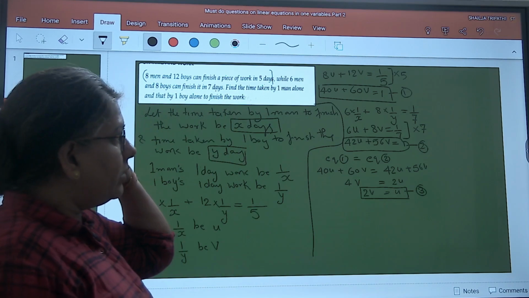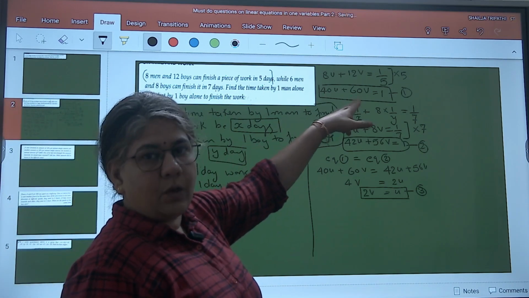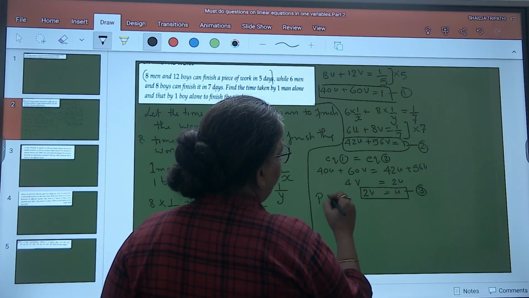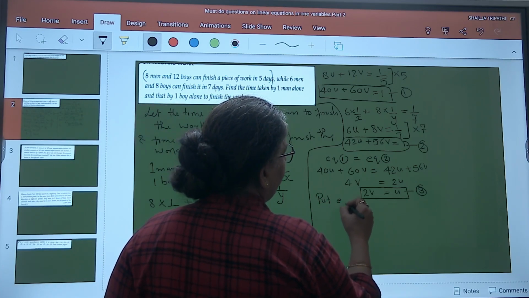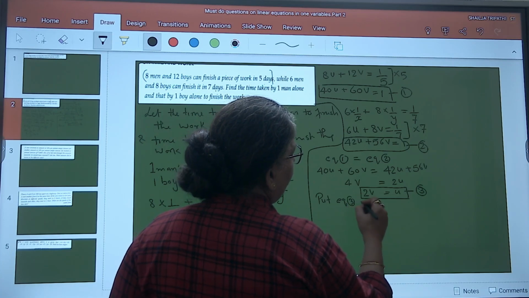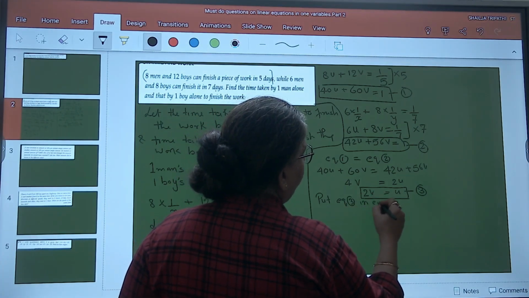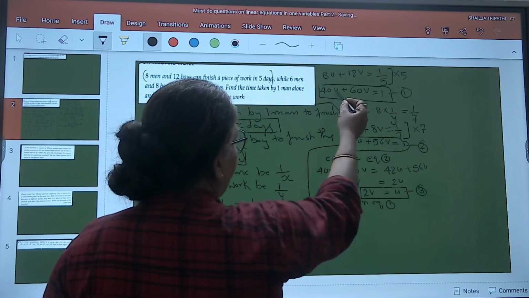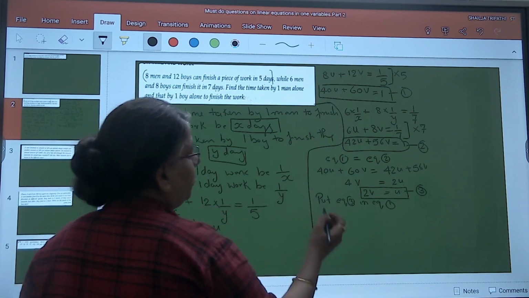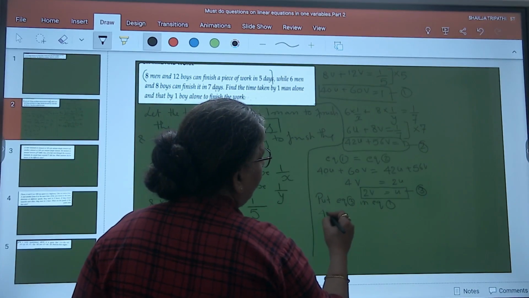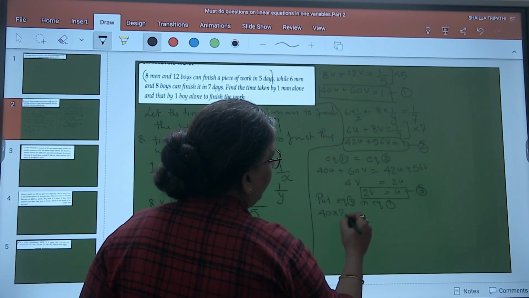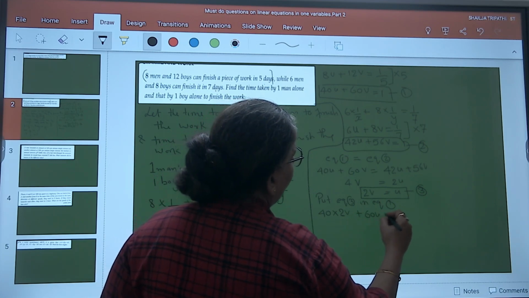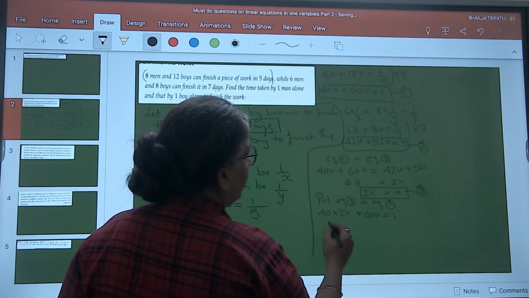Now put equation 3 in equation 1 to solve it. Let's see what we can do. u is equal to twice v. So what we'll write, 40 into v plus 60 v is equal to 1.